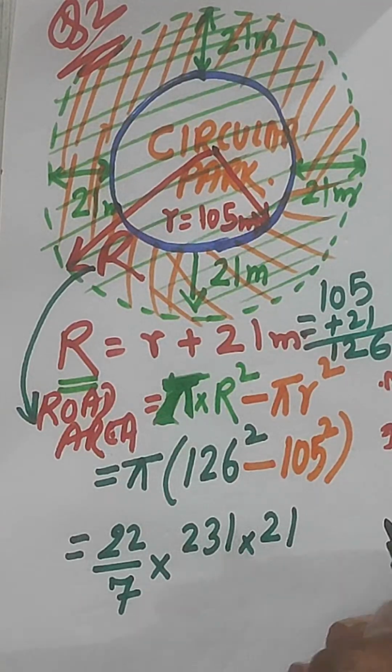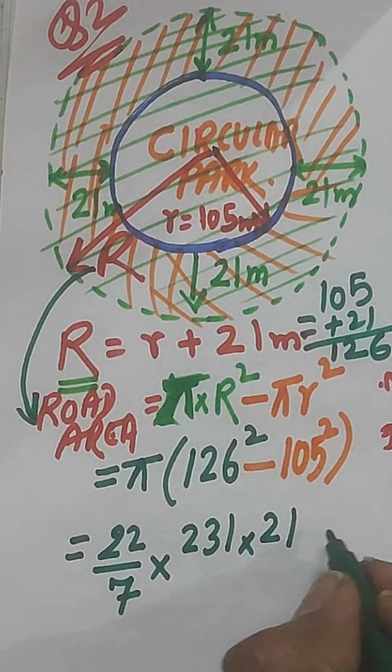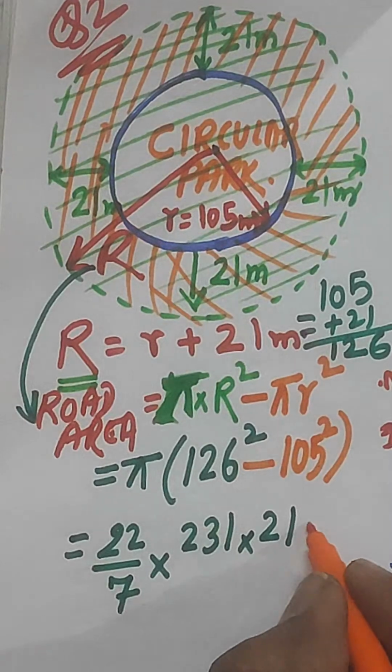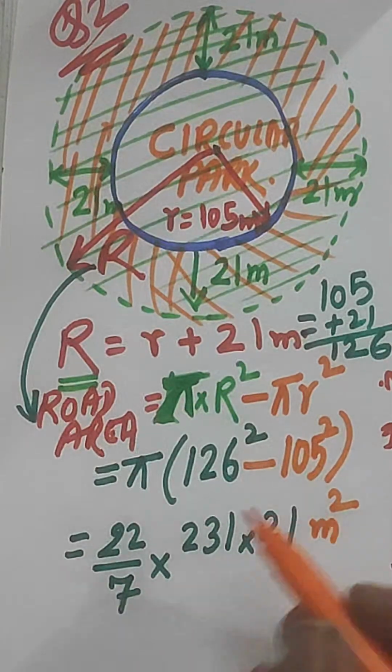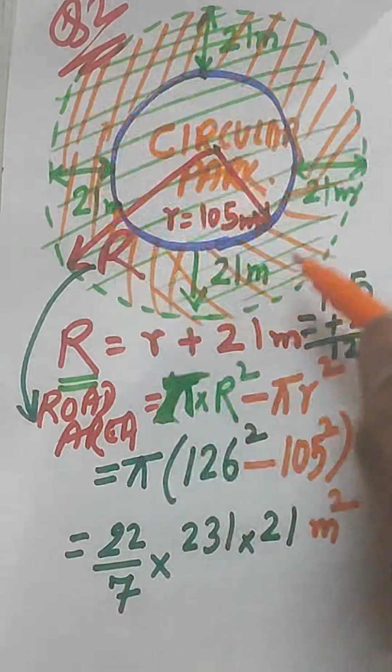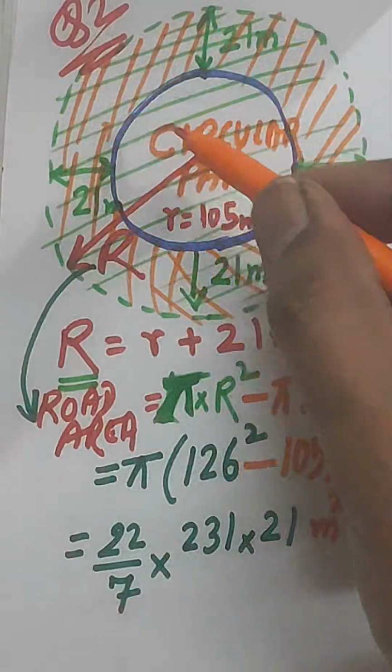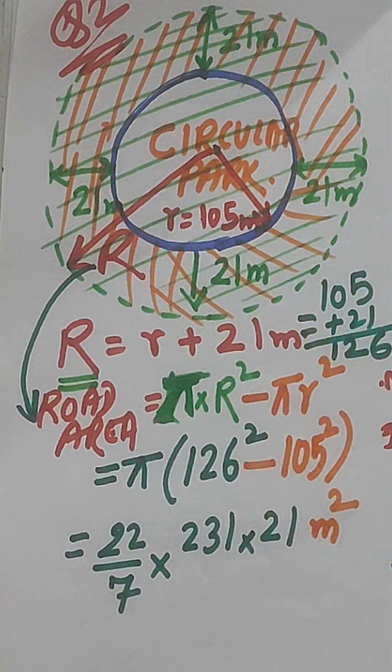Now just solve it. This much of meter square is the area of the circular path surrounding this circular park.